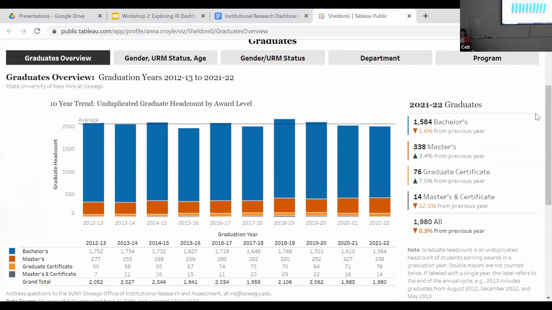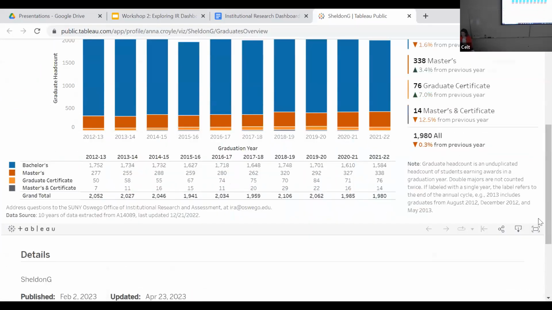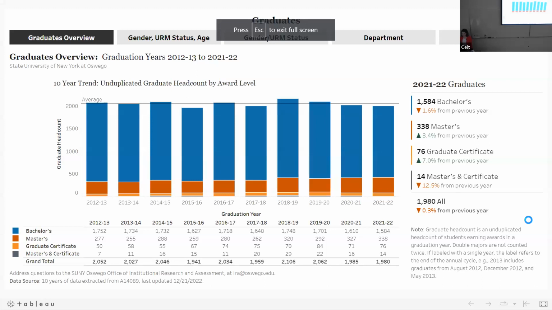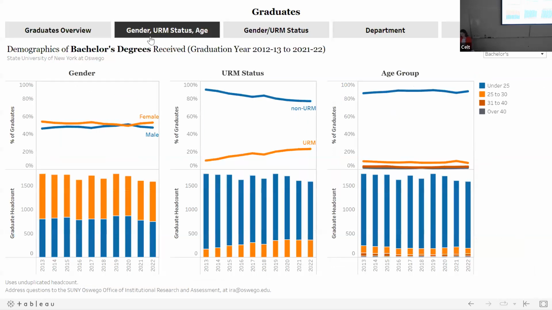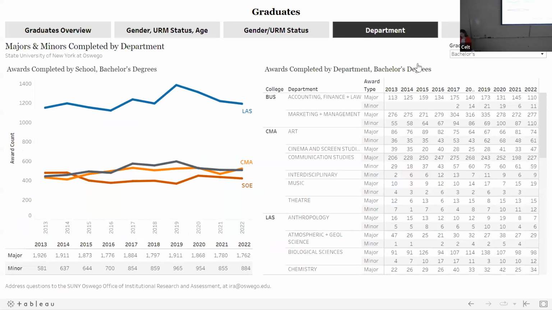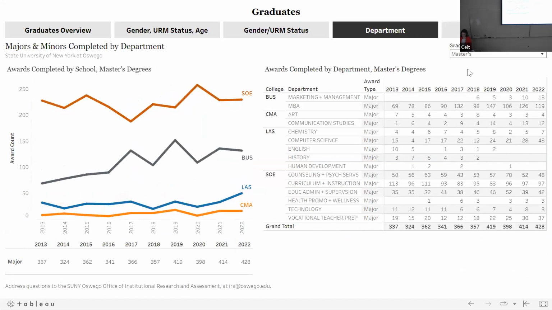Some of you may have explored these before, some of you haven't, so I'll walk us through some of the terminology. I just made it full screen, so it's easier to see. At the top, we have navigation between different aspects of graduates' data, for example, looking at by department. Each sheet also has filters, so you can look at different aspects of the data you're interested in.